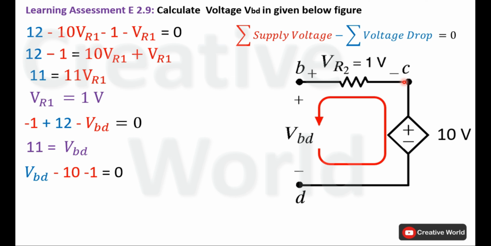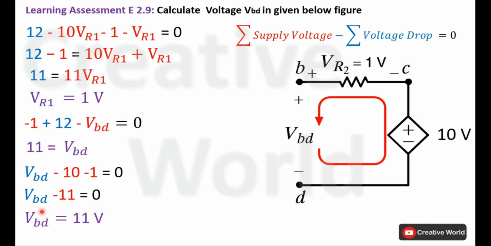And again this current is entering from the negative terminal of this resistor R2, so 1 volt will be taken with minus sign. So this is the final KVL equation for this circuit. We can add these together, minus 1 and minus 10 will be minus 11, and place this minus 11 on the other side of the equal sign to calculate the value of VBD, that will become 11 volts.